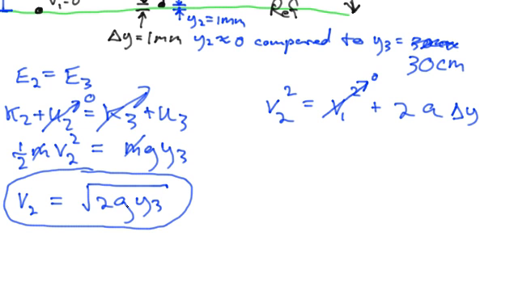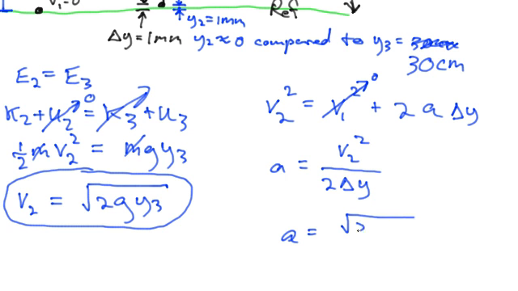I get a is equal to v2 squared over 2 delta y. I'll go ahead and plug in what v2 is from what we found.